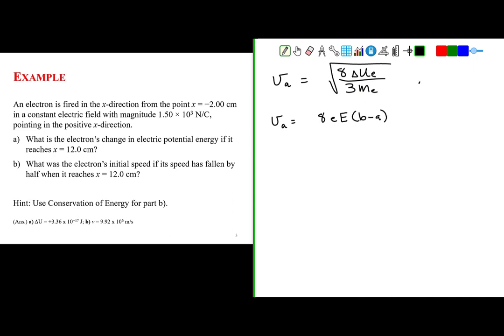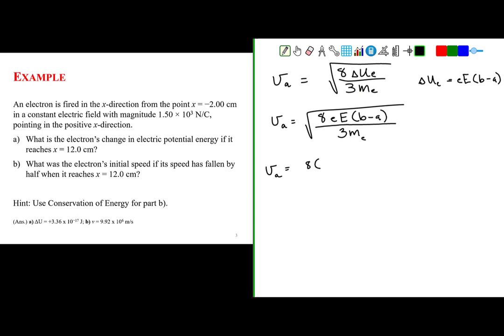I remember that the change of electric potential energy is equal to the product of the charge of the electron, the magnitude that is, times the magnitude of the electric field, times the displacement. So that is going in my formula. It minimizes any rounding mistakes. And now I am ready to plug in values to find the speed.